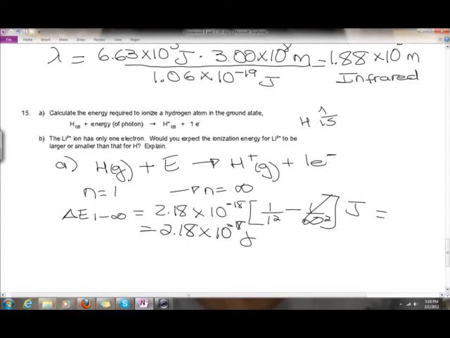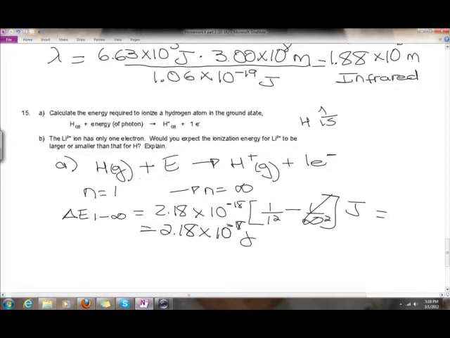And the second question, the lithium plus 2 ion has only 1 electron. Would you expect the ionization energy of lithium plus 2 to be larger or smaller than that for hydrogen? Explain. And basically you have to base your explanation on that lithium plus 2 is a 1 electron system with 3 protons in the nucleus.